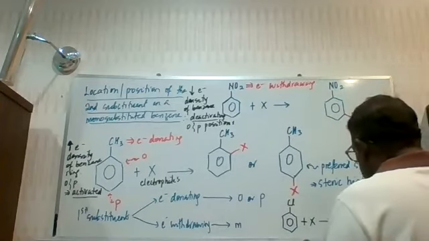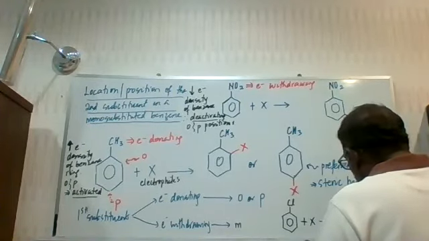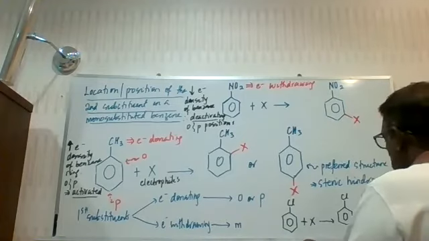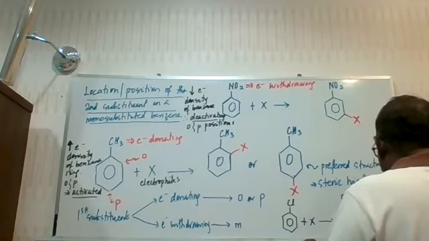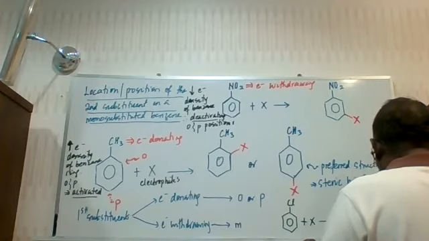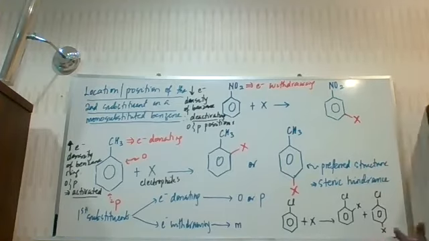But no, it doesn't. Halogens are an exception, meaning though they are electron withdrawing, they somehow activate the ortho and para positions and direct the X to occupy the ortho and para positions rather than the meta position. So this is the product and not the other way around.